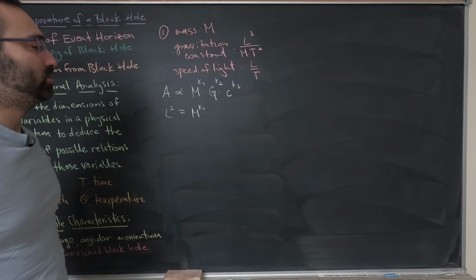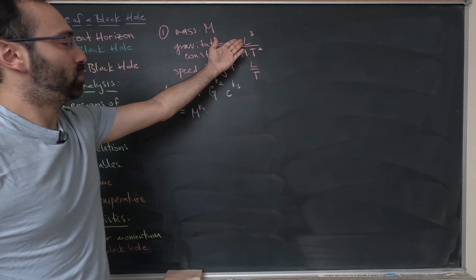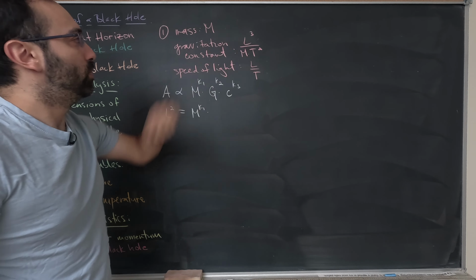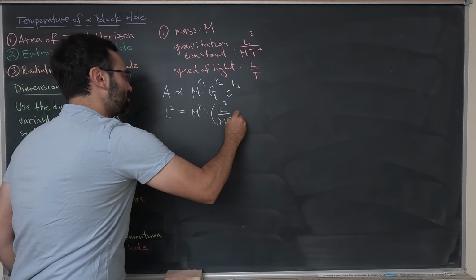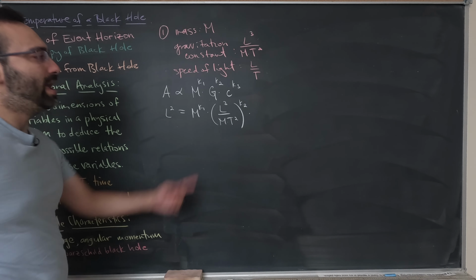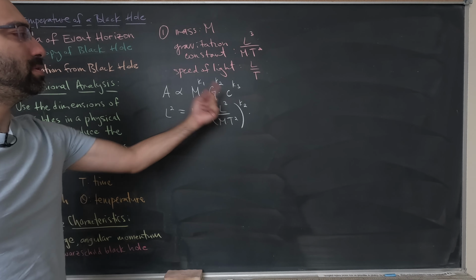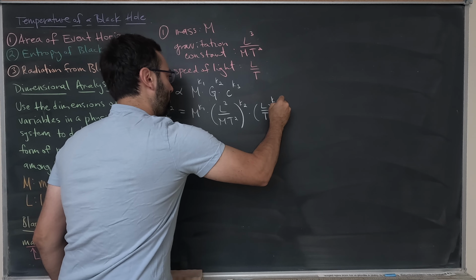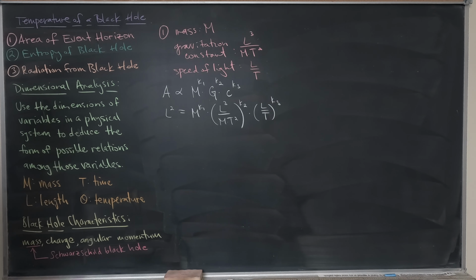Then we have the gravitation constant. And so here are the dimensions up there. L cubed divided by mass times time squared, all to the power k2. And then the speed of light, speed has dimensions of L over t, all to the power k3.